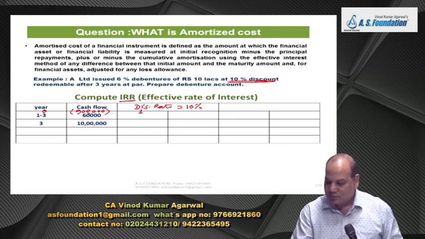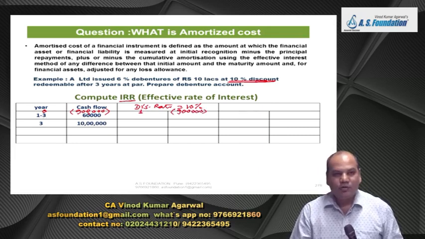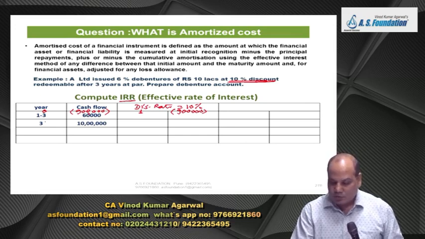Discounting factor for year 0 is 1, 9 lakh. Year 1-3, you can take less than 10 also, I have no problem. Year 1-3 at 10%.